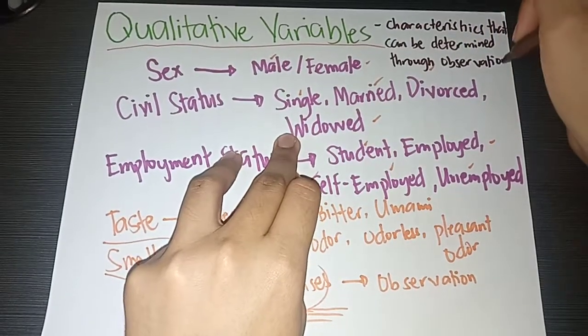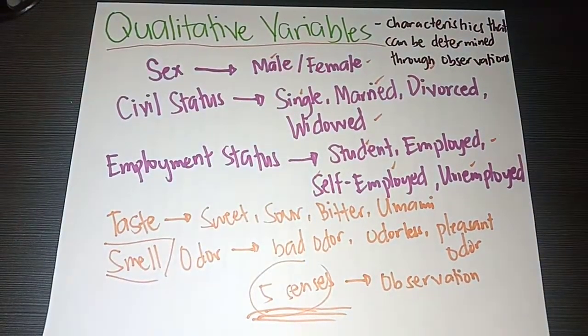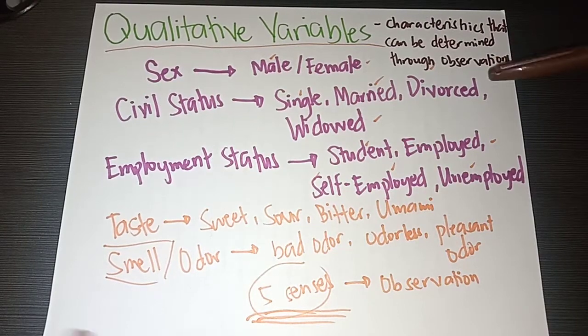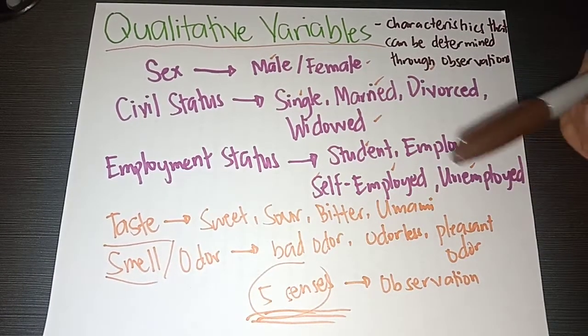So that is one definition of qualitative variables. They are the characteristics that can be determined through observations because we use our five senses.